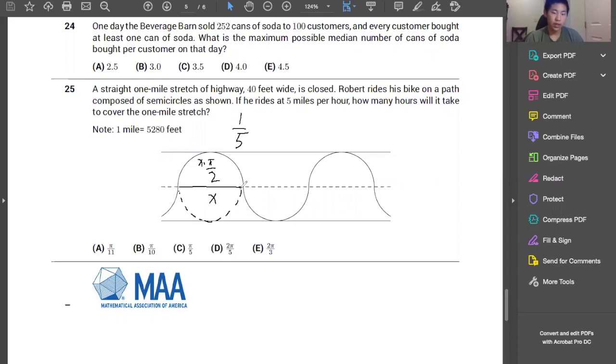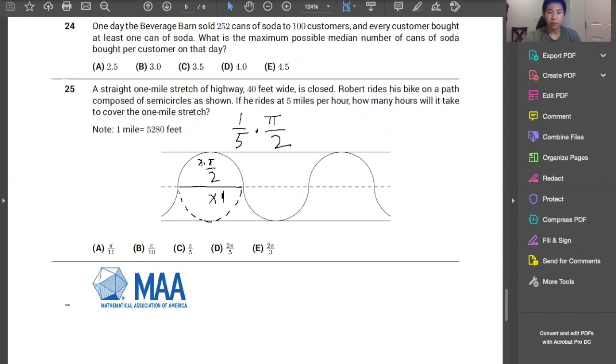So that's going to take him pi over 2 as long, basically. So like if x is 1, instead of traveling 1 to get this far, he's traveling pi over 2 to get that far. And so that's going to take him pi halves as long.